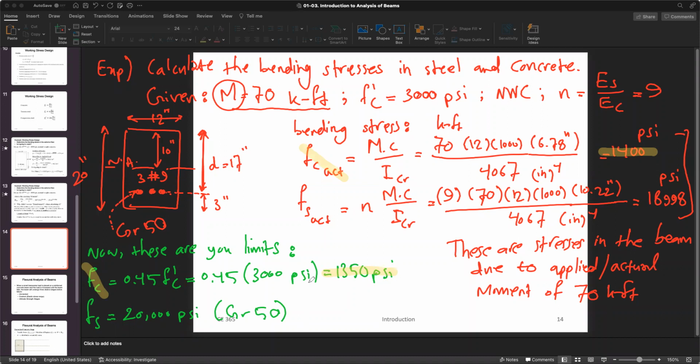So you're passing the limit, right? Let's look at the other one. For the steel, you have reached 18,998. Your limit was 20,000, so you're good. You're below that. So let's clean the page and write these two numbers.